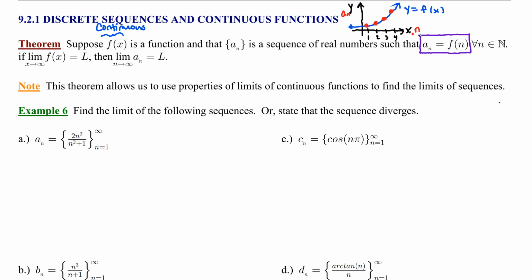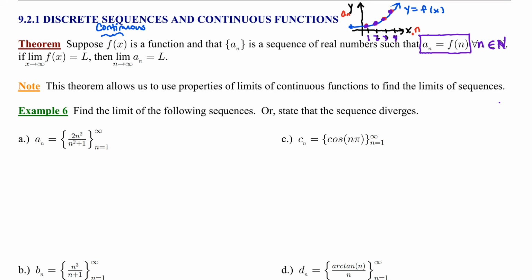The value of the sequence a sub n can be generated by the function f of n, where n is an element of the natural numbers. Remember, the upside down a means for all n in the natural numbers. So when I plug in these natural number inputs, 1, 2, 3, 4, etc., then the function value and the value of the sequence match.